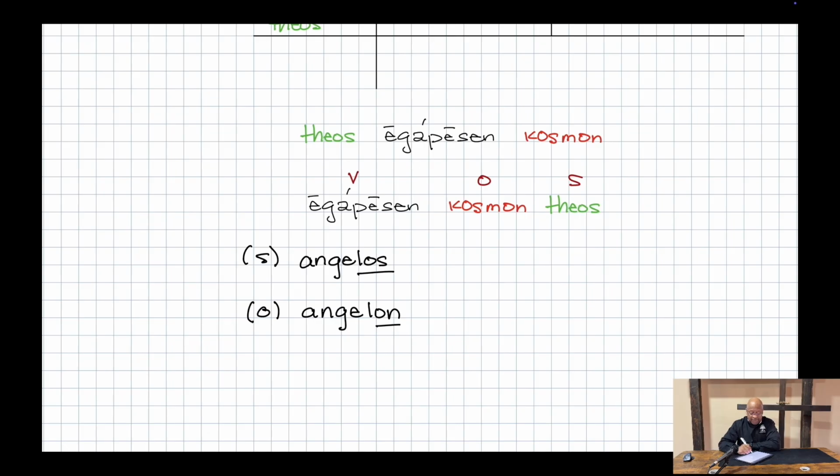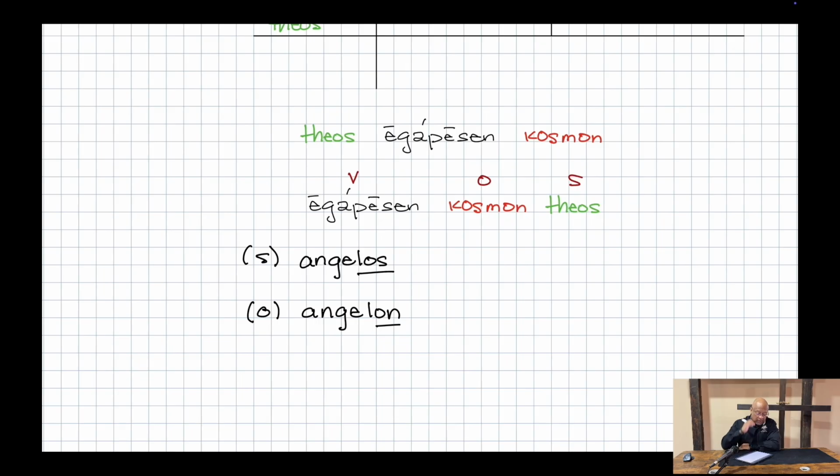Okay. If indeed I had a sentence with angelos, angel is the subject, the first form would be used, and if angel is the second form, the direct object, it would sound angelon. Okay, angelon.